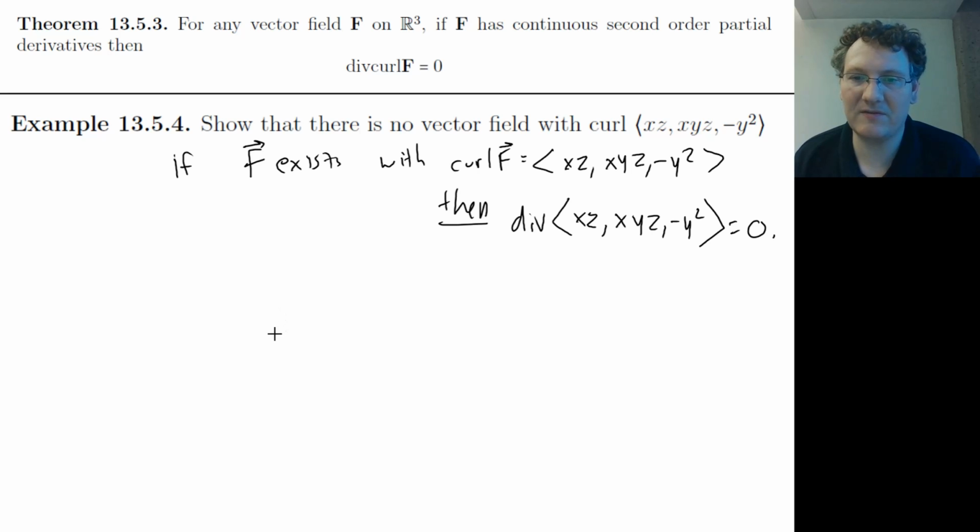Because the divergence of the curl of a vector field must equal 0.